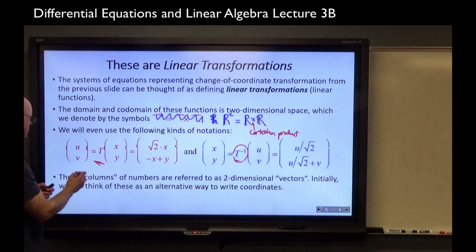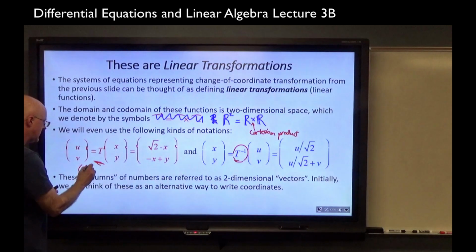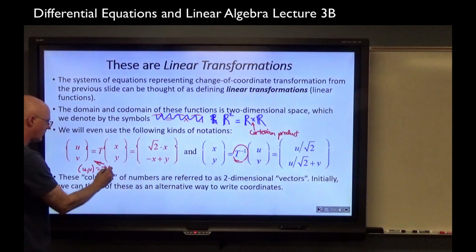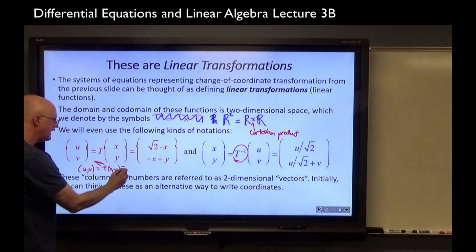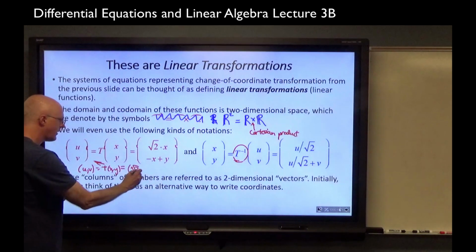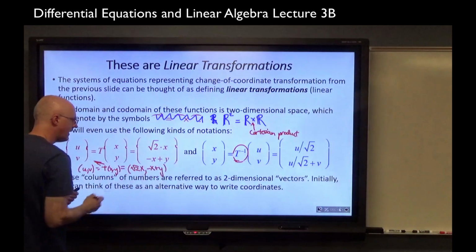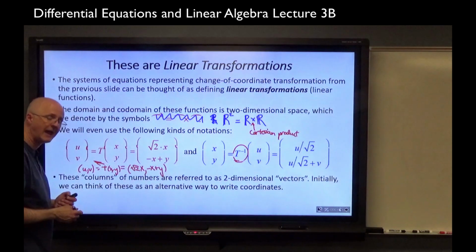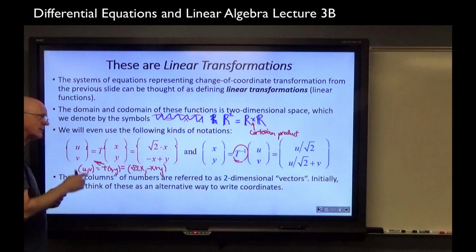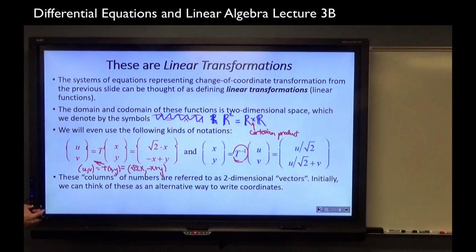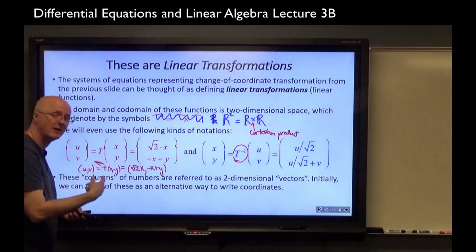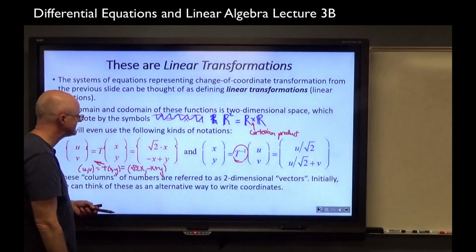I could have written (u, v) as a point equals T of (x, y) as a point equals (square root of 2x, negative x plus y). I could have written it that way. It would have been okay. But there's good reasons for us in this class to write them as columns when we are plugging them into linear transformations, or ultimately later on when we multiply them by matrices.